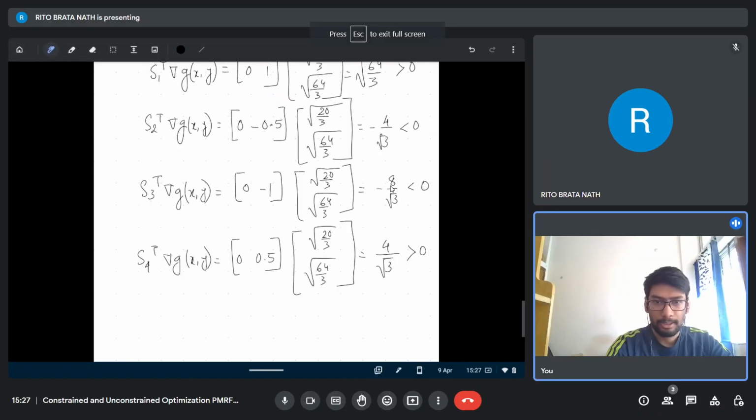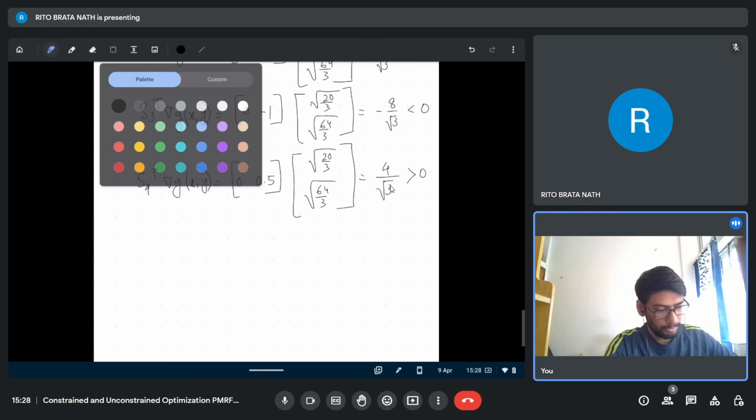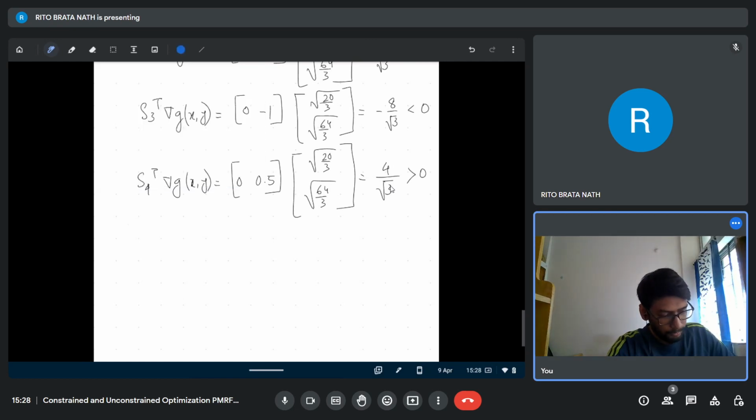So the idea here is, let me write down, note that g(x, y) less than or equal to 0 is not active.